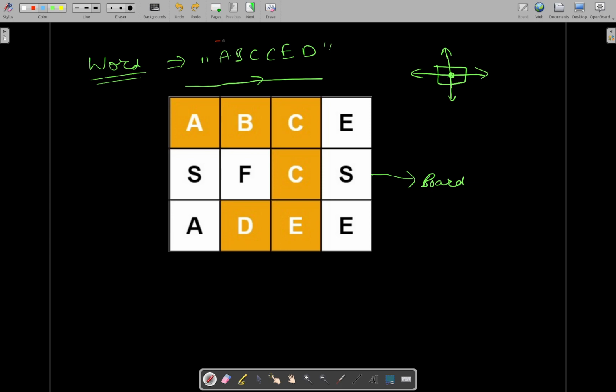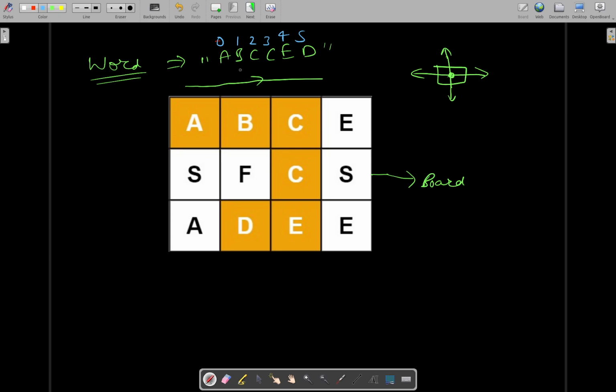So what we will be doing is, we will firstly start with the cell which is equal to the first character of this word. Okay, if we mark the indices of this particular word, then we will be traversing this word from left to right, one character at a time.